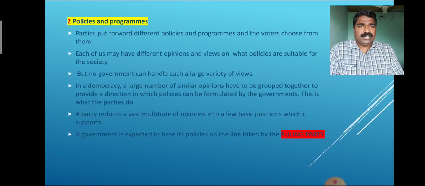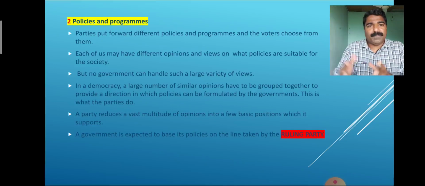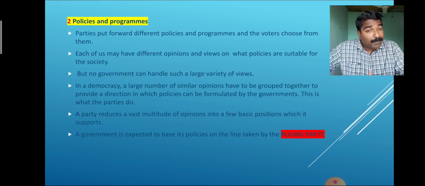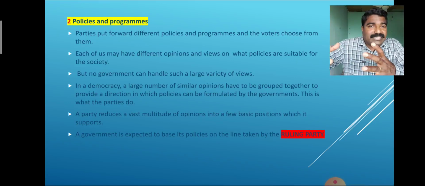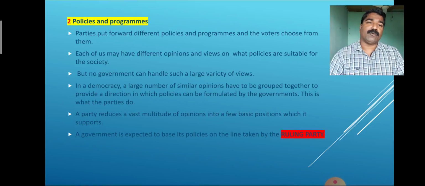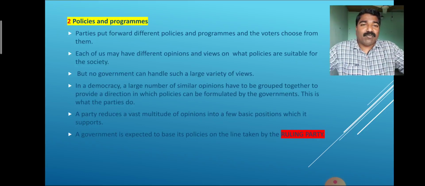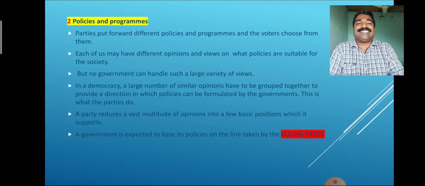One party has one opinion, another party has another opinion. Even though a number of people are in a particular party, they are united for a particular opinion. You can see that we can avoid the problem of the views of a number of persons.